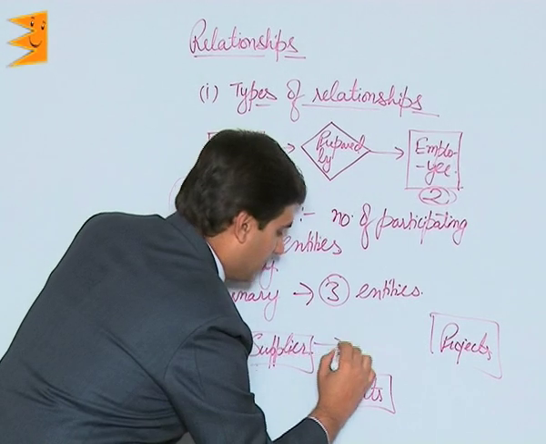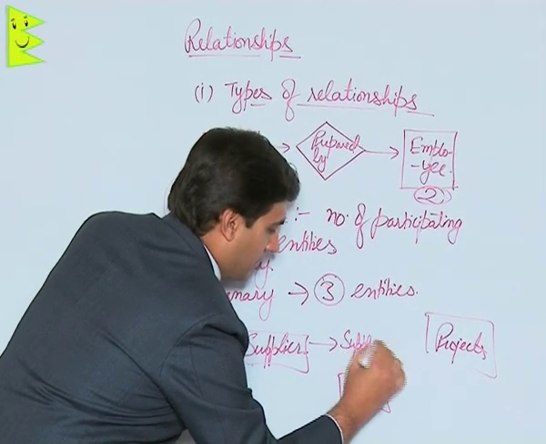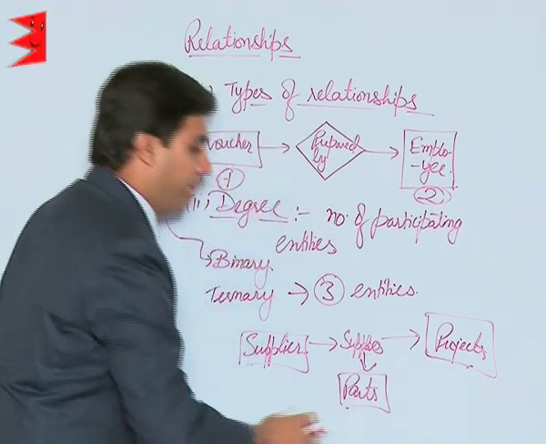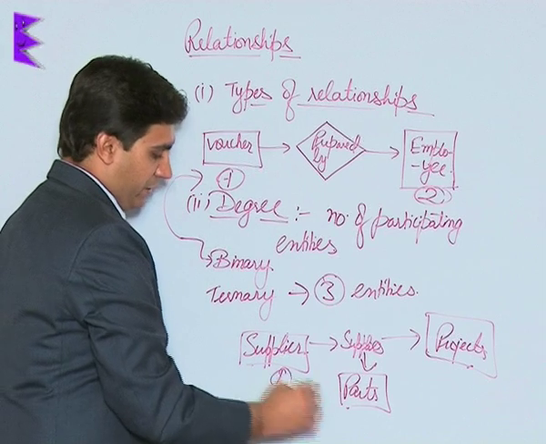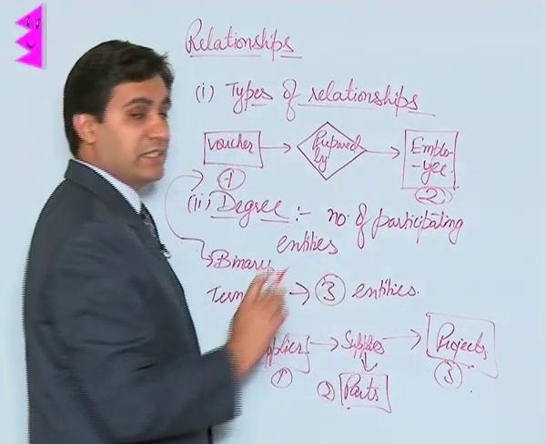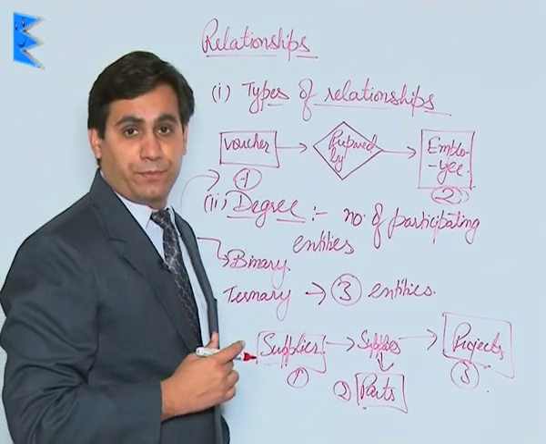So the supplier is supplying supplies for various projects and he is supplying parts also. So in this case we have first, second and third. Three entities involved here, so this is a kind of ternary relationship.